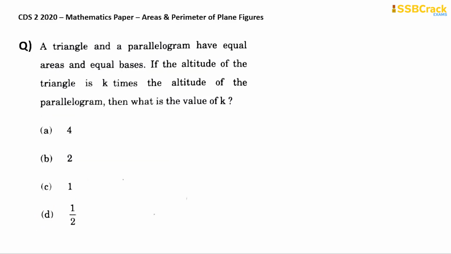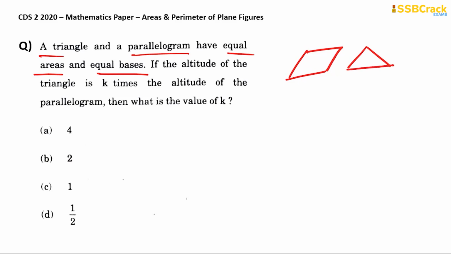Next question. There is a triangle and a parallelogram which have equal areas and equal bases. There is a parallelogram and there is a triangle. They have the same areas. What else is the same is their bases.